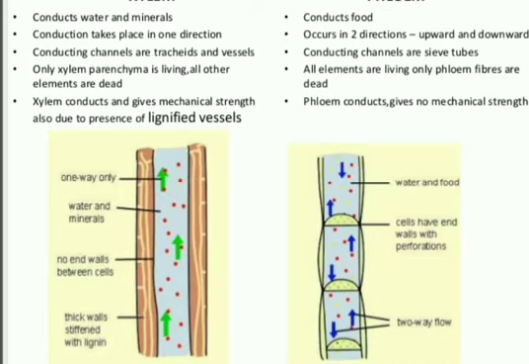The conducting channels in xylem are tracheids and vessels, whereas in phloem they are sieve tubes. Only xylem parenchyma is living, all others are dead. This is very important: xylem parenchyma is living, the other three are dead.